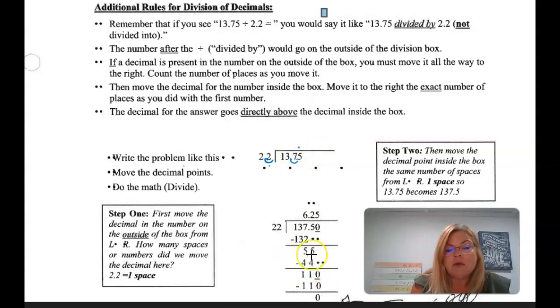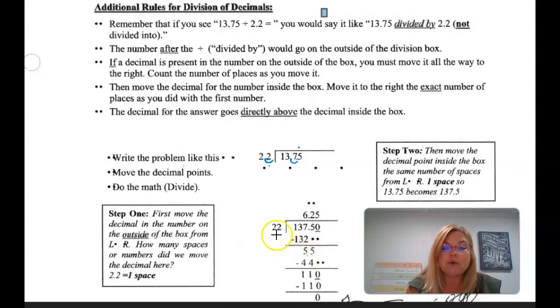So now we're thinking, well, how many times does 22 go into 55? Well, 22 won't go once because we know that 2 times 22 is 44, right?